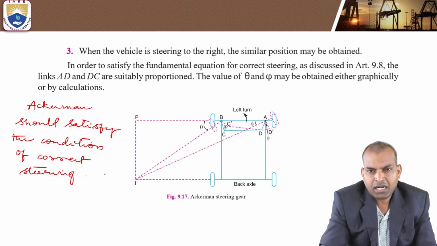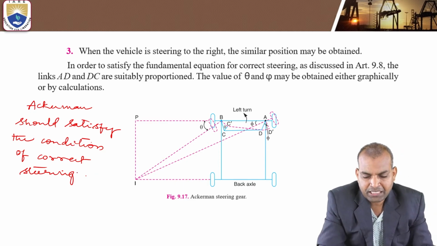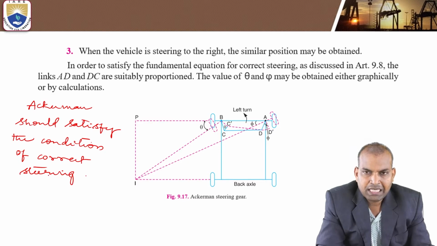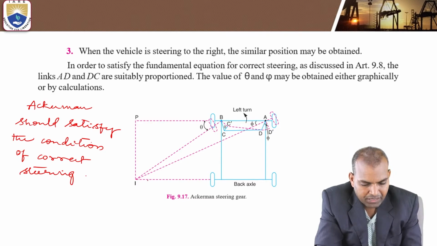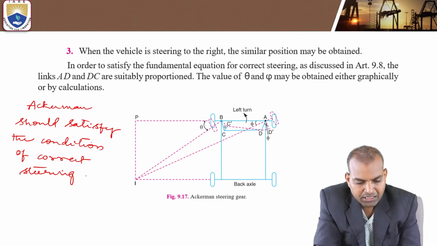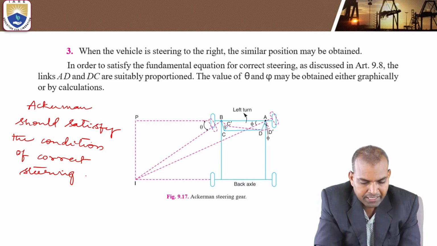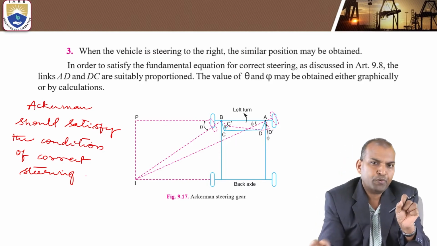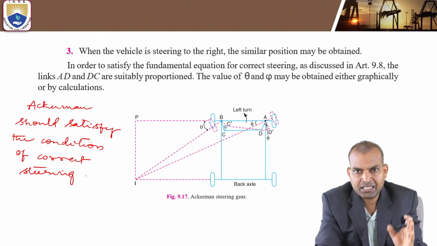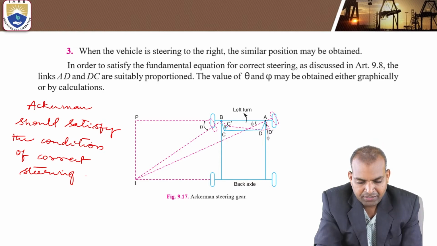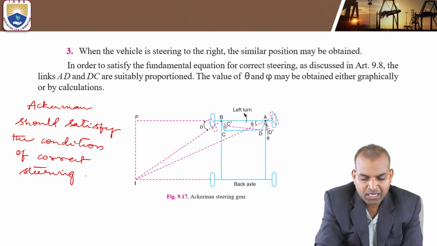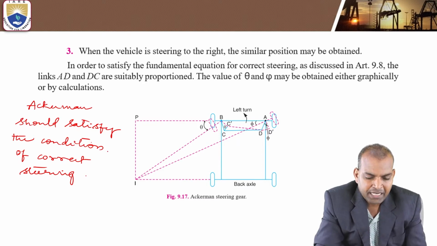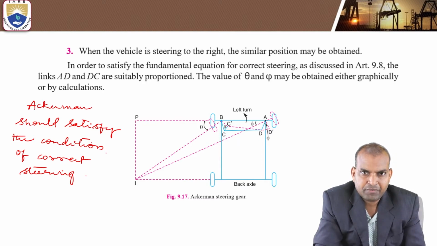Now, in order to satisfy that correct steering condition, the links AD and DC are suitably proportioned. Proportion means, if you take a left turn, whatever inclination BC makes, in proportion to that, AD also makes an angle. The angles made by BC and AD are theta and phi.